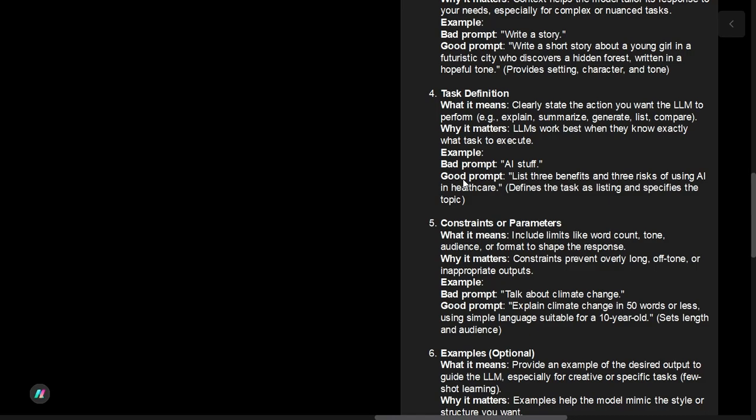Now you also talk about constraints and parameters. Sometimes you want to limit the response that the LLM is generating. For example, limits like word count, tone, audience, or a format to shape the response. This is a very important thing.